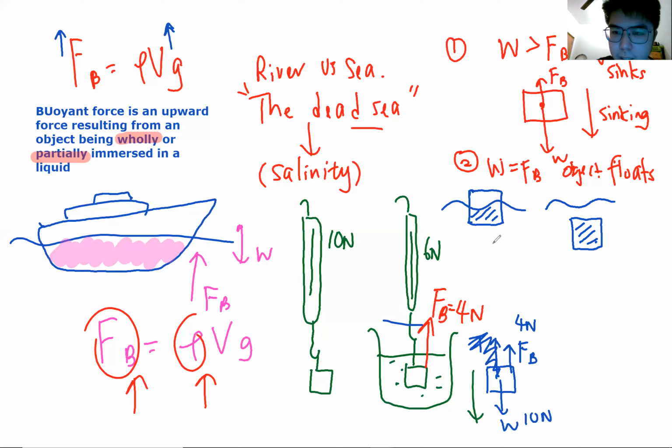And the third one, it can be like this also. This is the water, this is the object, and the top surface of the object is in line with the surface of the water. This one is also considered floating, as long as the object is hovering at that same position.